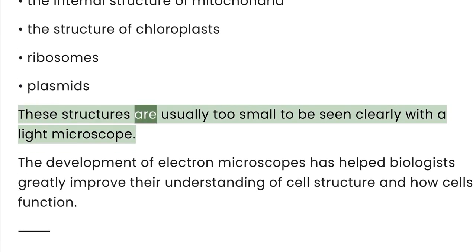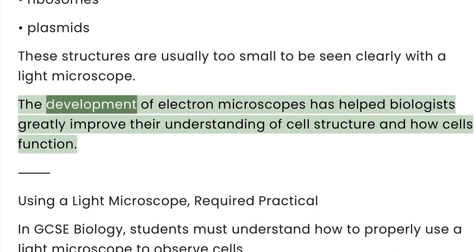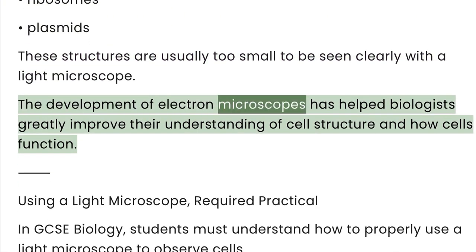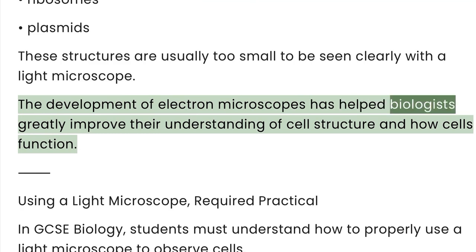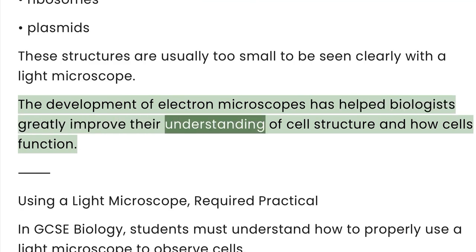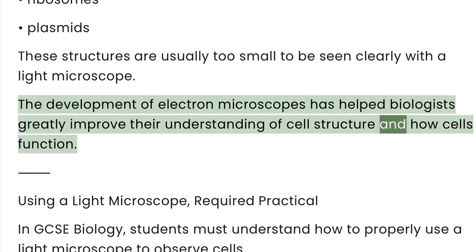These structures are usually too small to be seen clearly with a light microscope. The development of electron microscopes has helped biologists greatly improve their understanding of cell structure and how cells function.